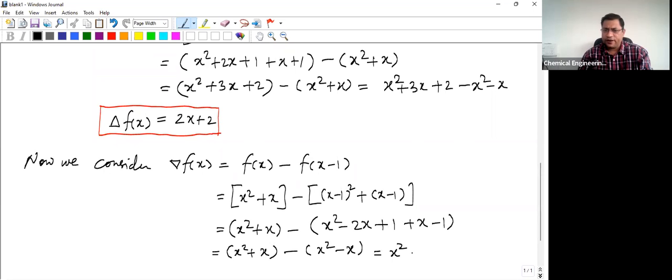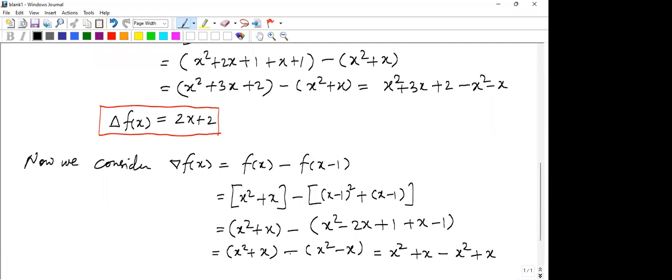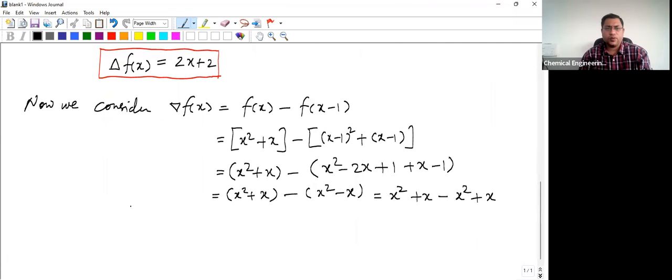Now simplify: x square plus x minus x square, and minus minus plus x. Is that okay? Yes, sir. Hence we get del f of x equal to, so this x square will get cancelled and you'll be having 2x.